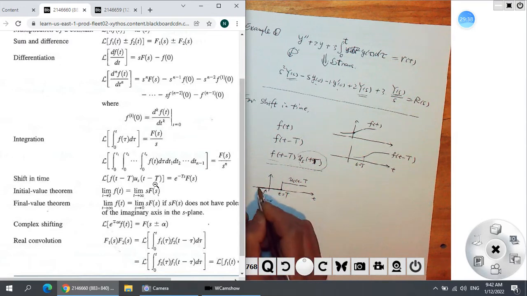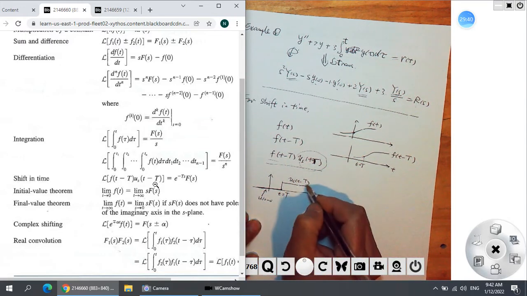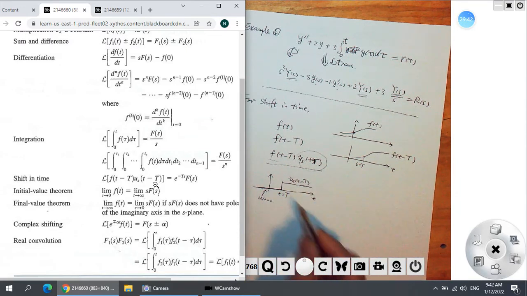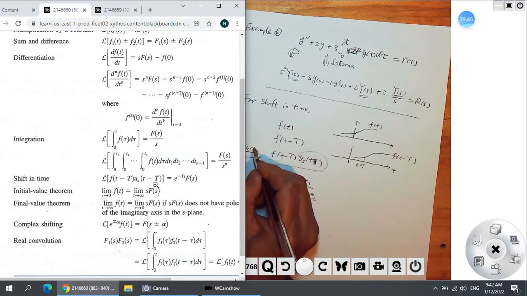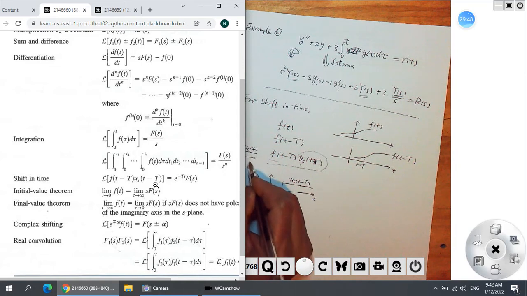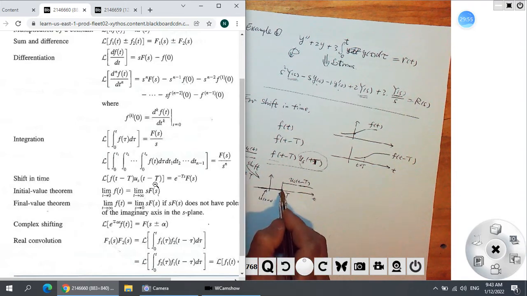This part u equals 0. Right? U is this one. This is u_s(t). This one. Then shift by T. Shift by T. Right? Here's a step. Then the step moves to here.